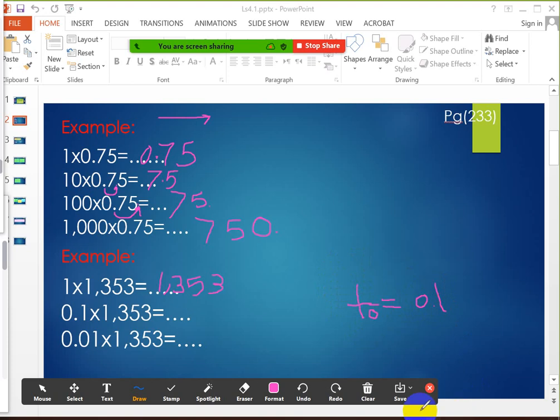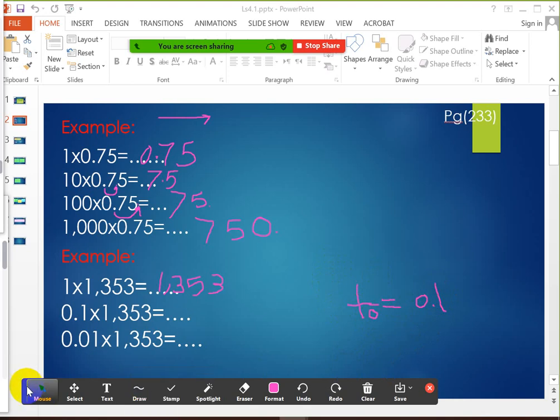Because you have to write the numerator and move the decimal point according to the number of zeros in the denominator. So 1 over 10 equals 0.1.